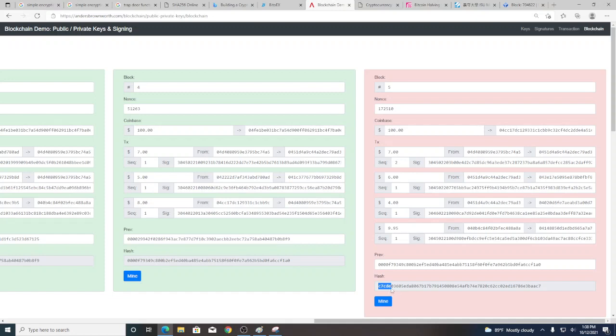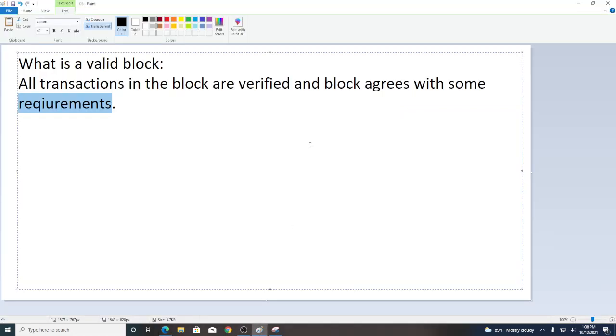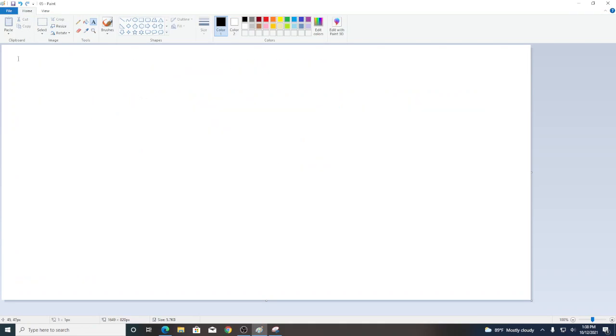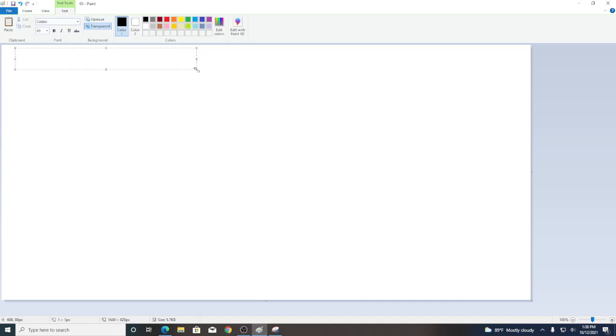So why does the hash need to start with a given number of zeros? Because that is how mining works, okay? Let's give an example for that. A valid block, right?